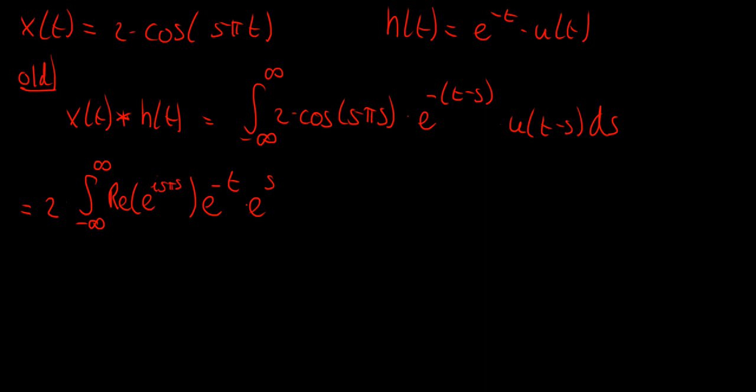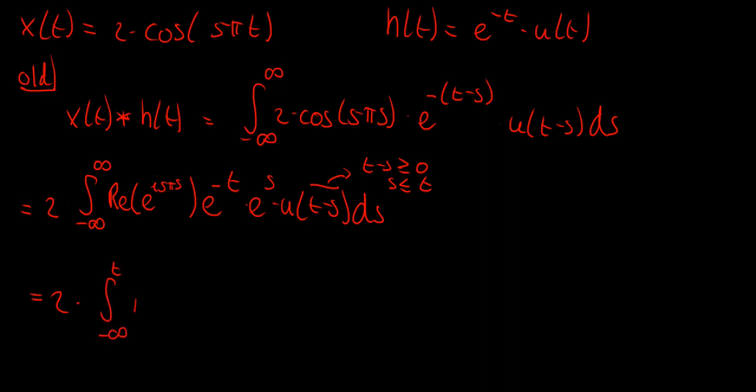And once again we have our step function, which we can use to change our boundaries, because t minus s should be equal to or bigger than 0, and like we have seen in the last video, we know that s should be smaller than or equal to t. So with this we can change our upper boundary to t. We have the real part of e to the power i 5 pi s, multiplied with e to the power s.